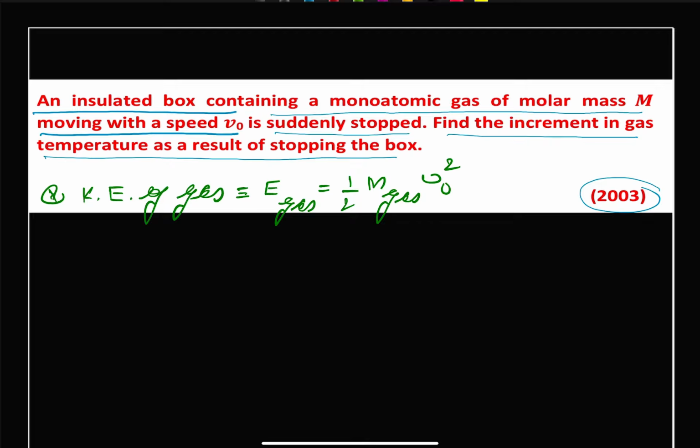Okay. And molar mass is given, so if n is the number of moles, therefore we can write this as our E of gas will be equal to 1 by 2 number of moles multiplied by molar mass, and we have this as V0 square.